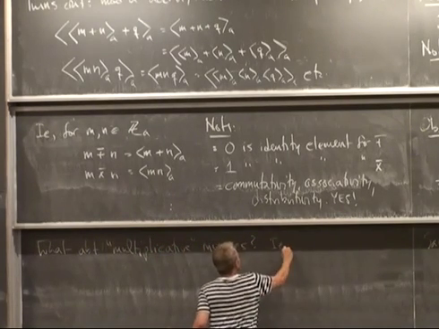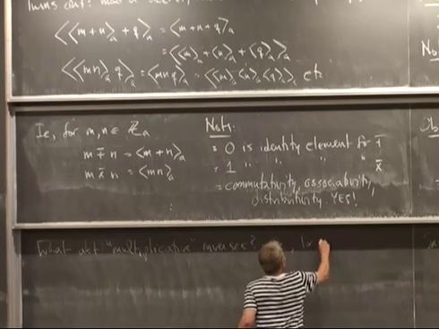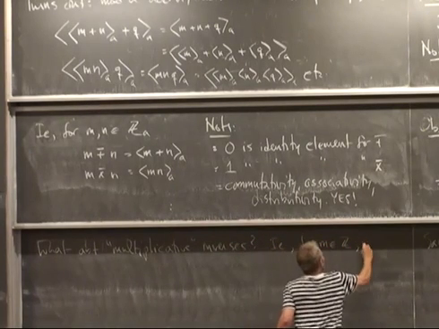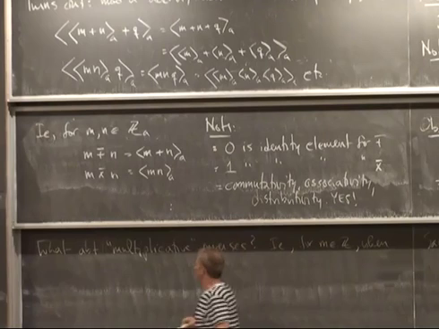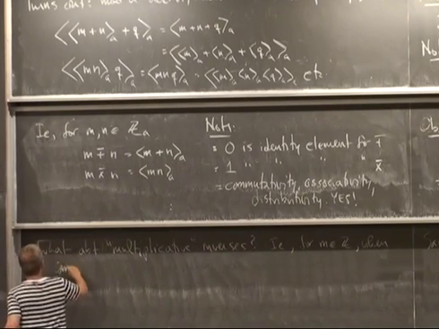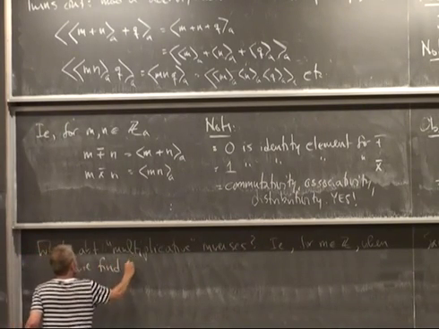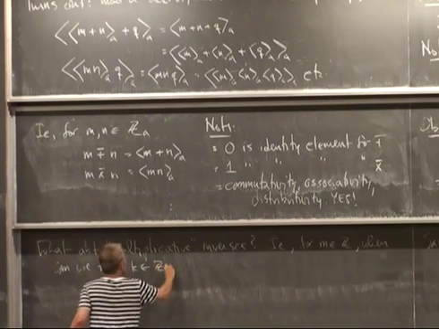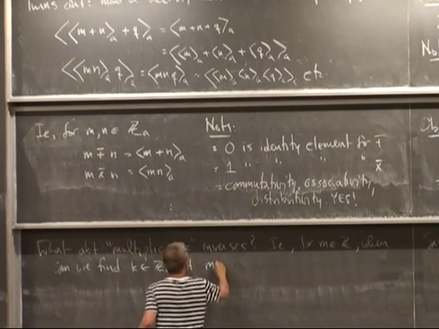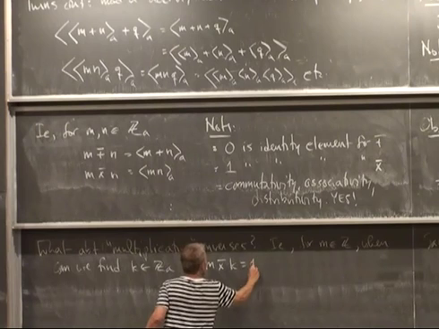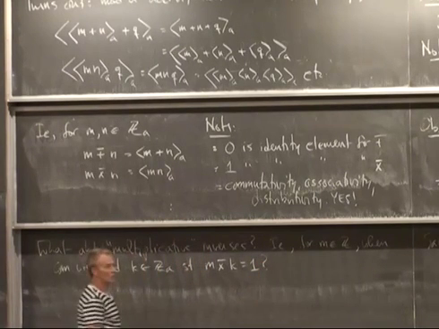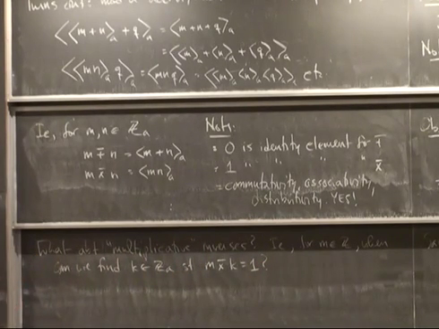I.e., for M in Z sub A, when can we find some K in Z sub A such that M times bar K equals 1? That's what I mean by when does M have a multiplicative inverse.